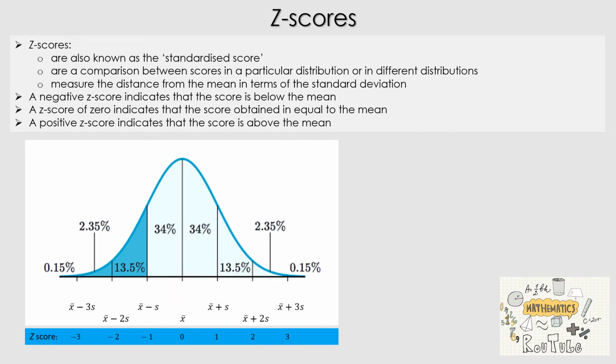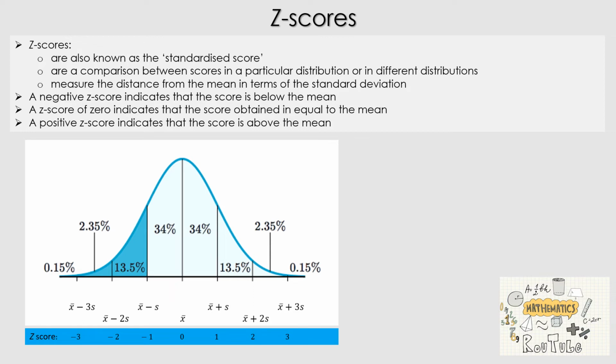Again, we're dealing with the mean and the standard deviation, which we have been doing for a few minutes now. A negative Z-score indicates that the score is below the mean. If we have a look down the bottom here, I've just got in blue the Z-score. If you've got a Z-score of -1, it means that specific score is 1 standard deviation below the mean.